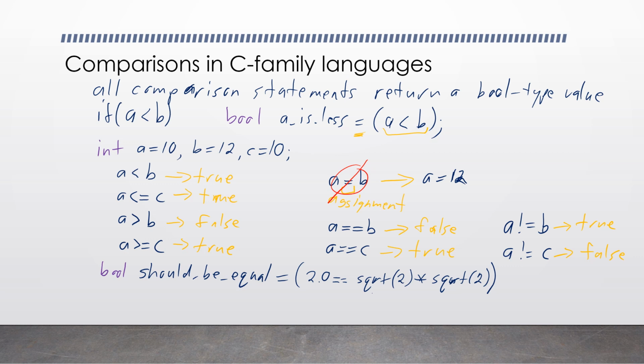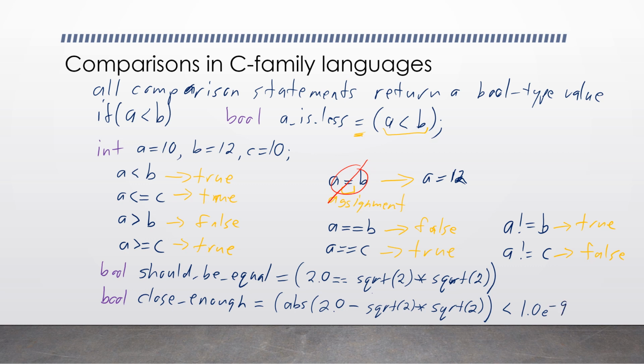So what we can do is we can say bool close enough equals the absolute value of 2.0 minus square root of 2 times square root of 2 is less than, say, 1.0e-9.